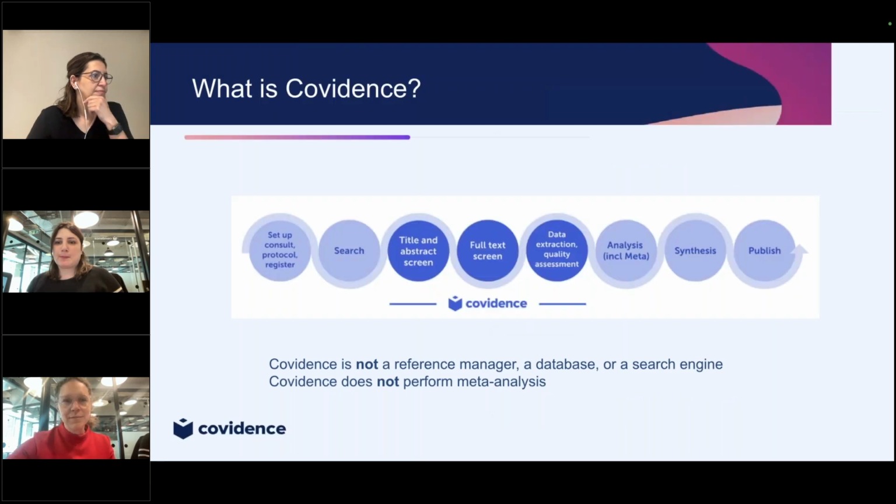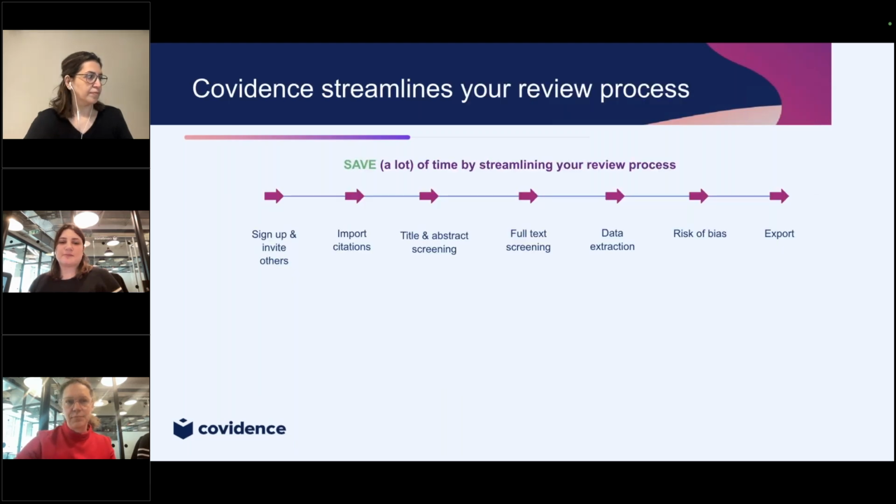Before we jump in, here's some information about Covidence. Covidence is web-based software that enables you to manage review projects and collaborate on tasks. It supports a certain part of the review process, from the import of references through title and abstract screening to data extraction and quality assessment. Covidence isn't a reference manager, it's not a database or a search engine. It doesn't perform meta-analysis.